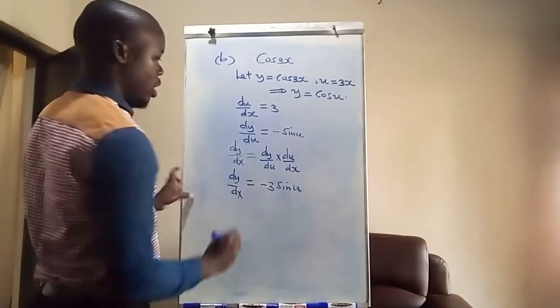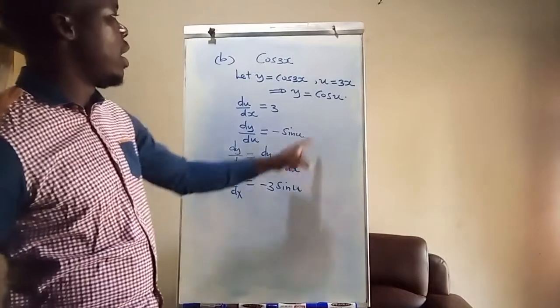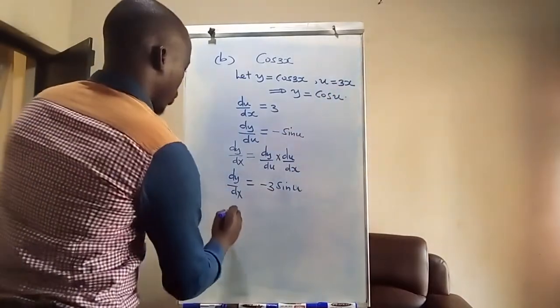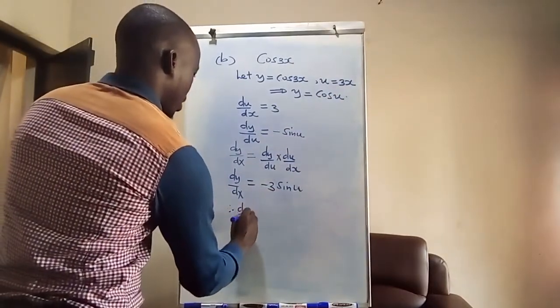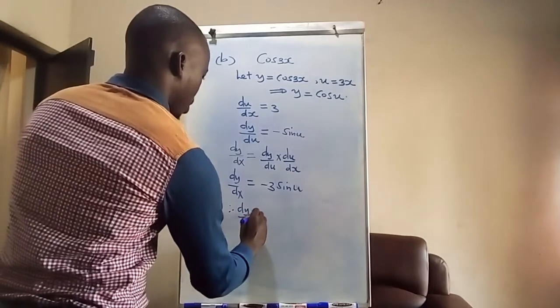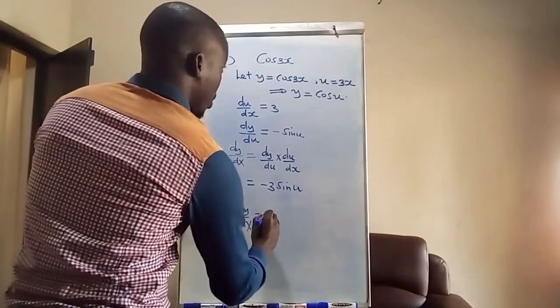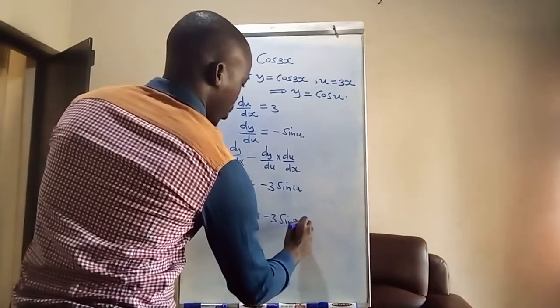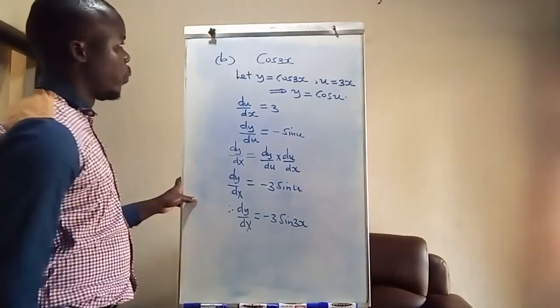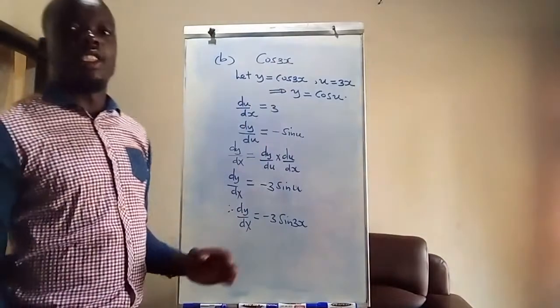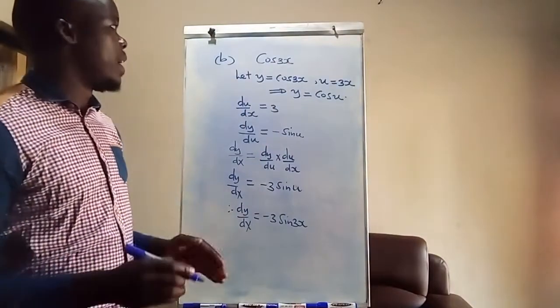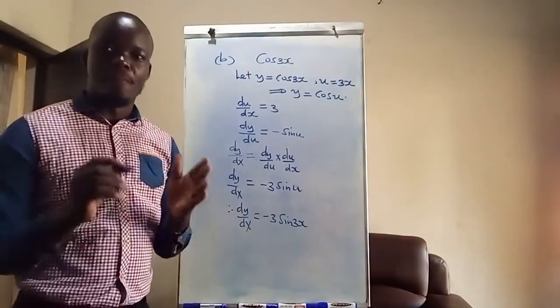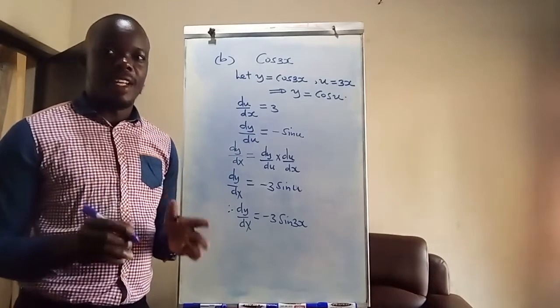But remember, our u was nicknamed earlier on to be 3x. So we shall conclude that dy dx is now going to be minus 3 sine of 3x. So again, you realize that when you differentiate cos of 3x, you don't simply get minus sine of 3x, but you get minus 3 sine of 3x.